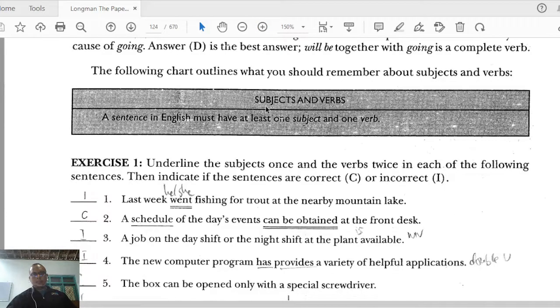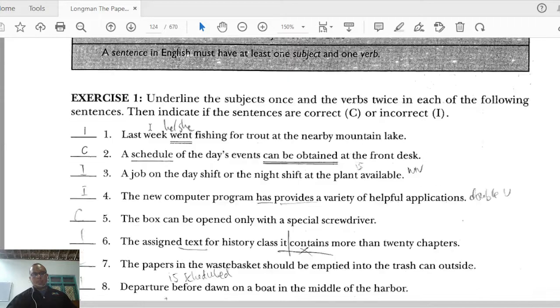Okay, exercise 1 here. And it seems that I already have coret-coret, yeah. So exercise 1, underline the subject once, then the verb twice in each of the following sentences. Indicate if the sentence is correct, C, or incorrect, I, ya.